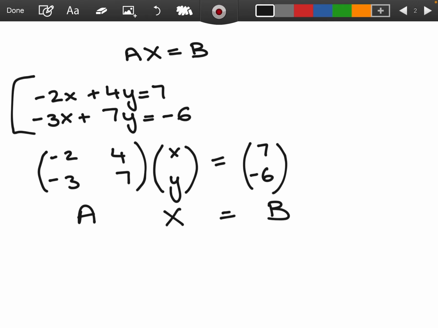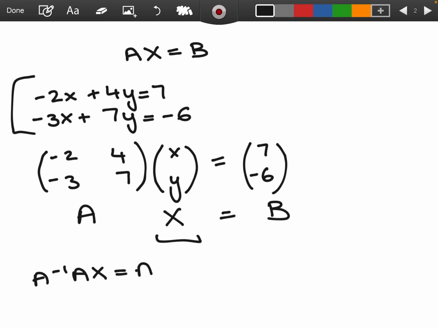It was just another way of writing this system of equations. If your system has a unique solution, and we will look at that in a second, you should be able to find this A inverse matrix. And by using it, I can easily find what this unique solution to my equation is. I can find out what this matrix X is, what my X and Y variables are.